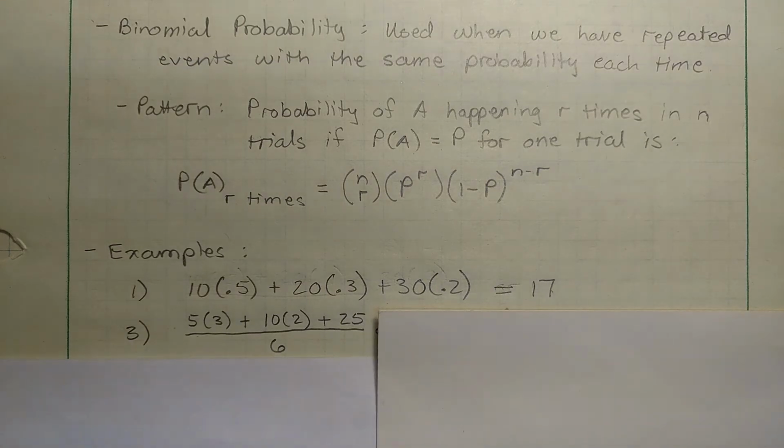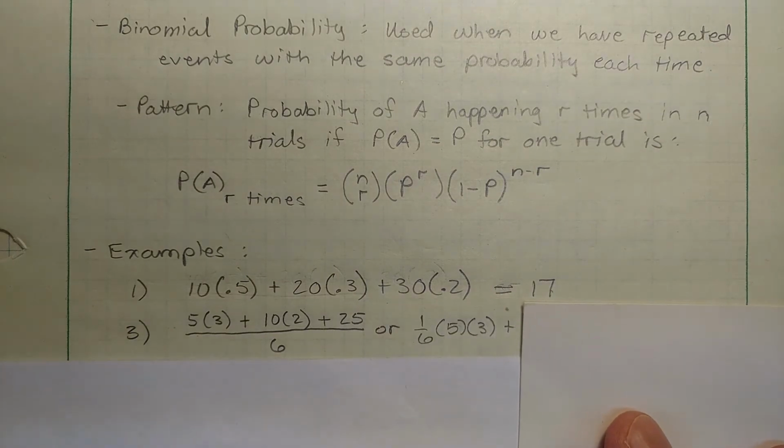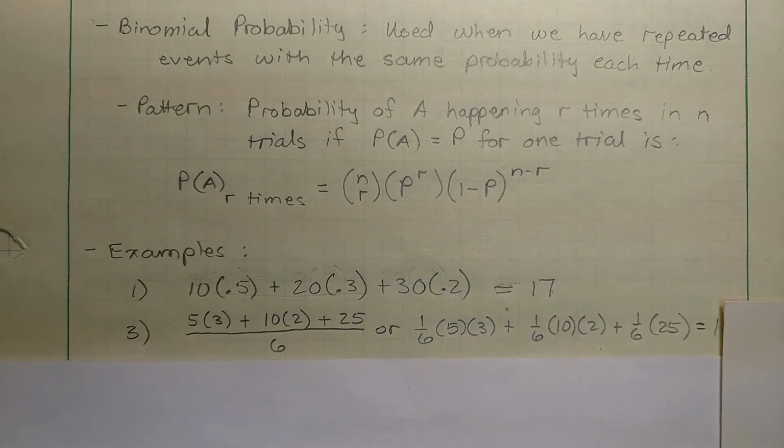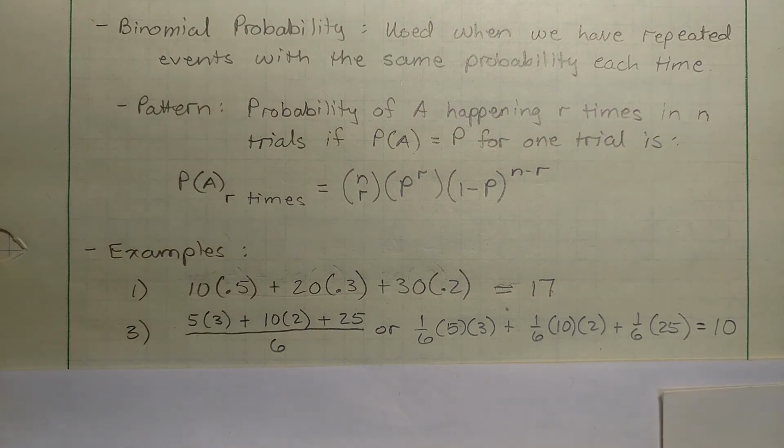I could have also divided each by 6 and then added them, because once again we're adding up fractions, and that would also work. That's the other way. But regardless of which way I did it, I would get the same answer, and I would get 10.